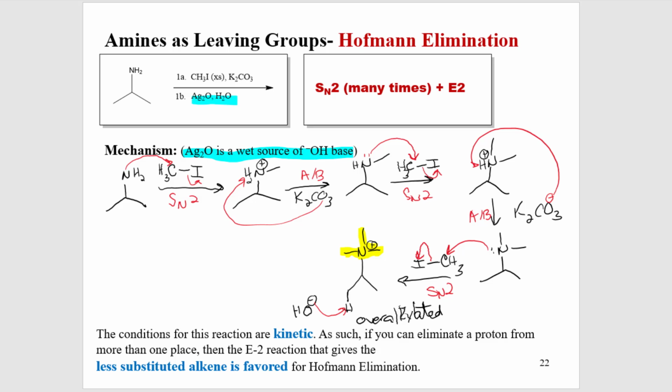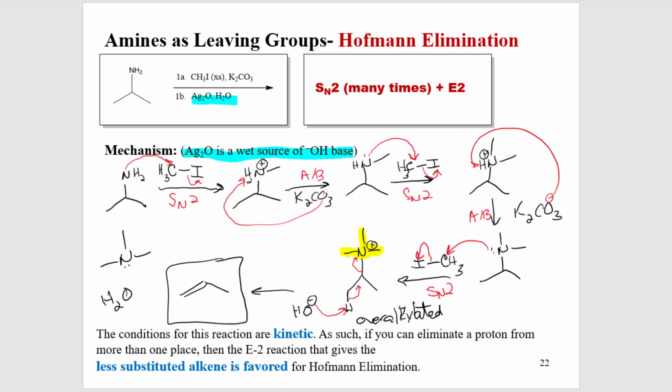It's going to do an E2. And I end with the product shown. The nitrogen leaves as trimethylamine, and I've also generated some water after the OH minus grabs the proton. But from a carbon perspective, I've done an elimination whereby the nitrogen was the leaving group.